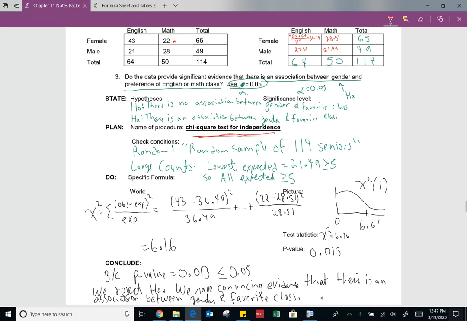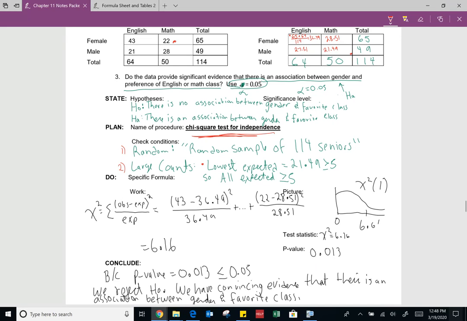And then the two conditions we need to check are 1 is random, and 2 that we were expecting a large enough number of counts. And so we check large counts. We say first that the lowest expected value is 21.49. That's that male math total right up there at the top, and that's greater than or equal to 5. So if the lowest is greater than 5, then we can say that all of the remaining expected counts will be greater than 5.